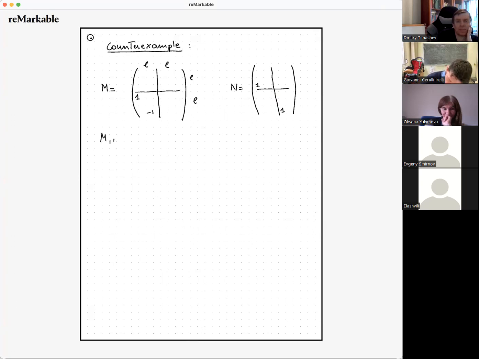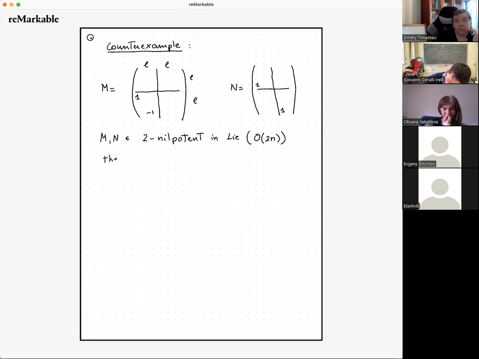So then M and N, these are two nilpotent elements in the Lie algebra of the group of type D, so the orthogonal group of 2n.